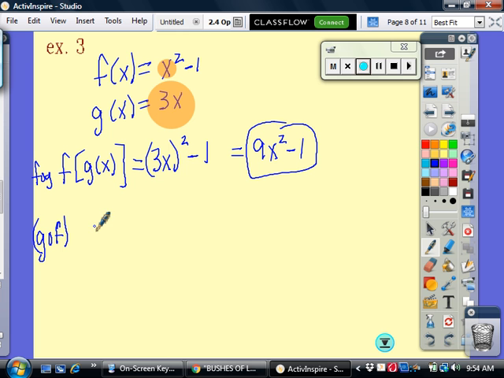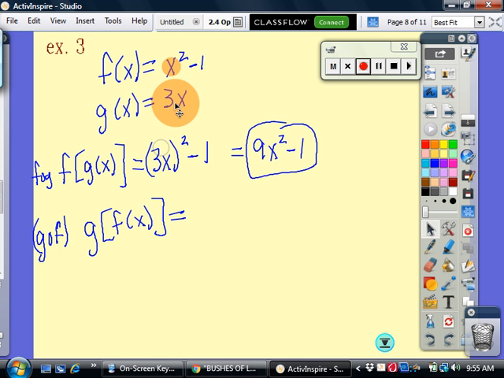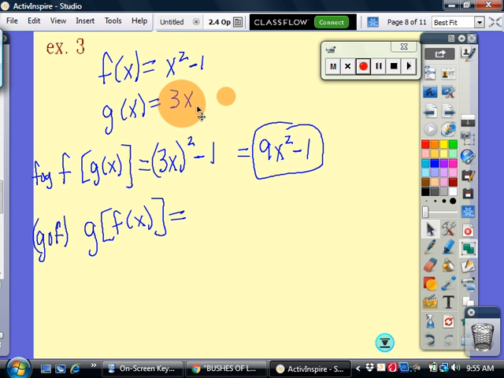Okay, g of f means I'm going to take f and plug it into g. So in this case, I'm going to take this whole thing and put it right here.